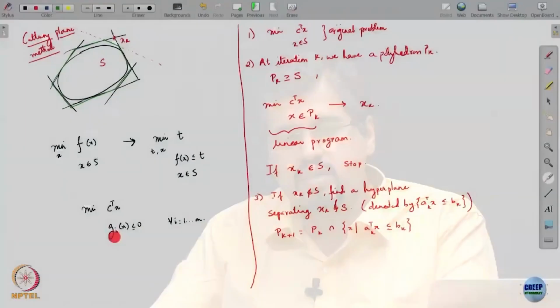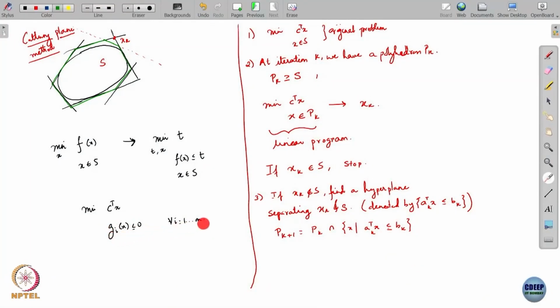So, for example, in this particular problem that I wrote out here, where your constraints are g_i(x) less than or equal to 0 for i from 1 to m, if your point x_k is infeasible, which is effectively saying that g_i(x_k) is greater than 0, okay, then what one can do is simply notice the following.